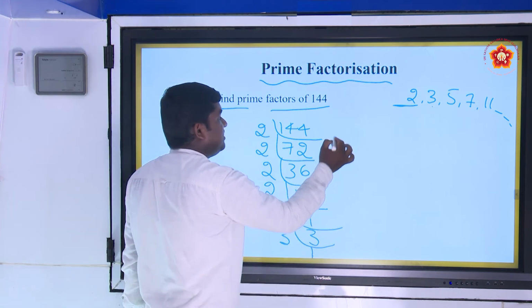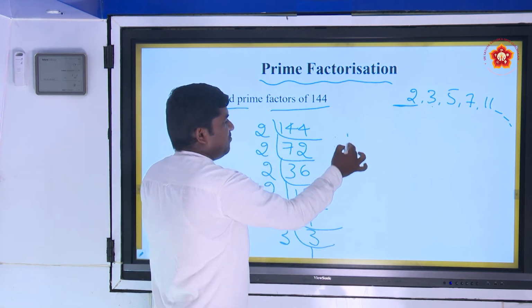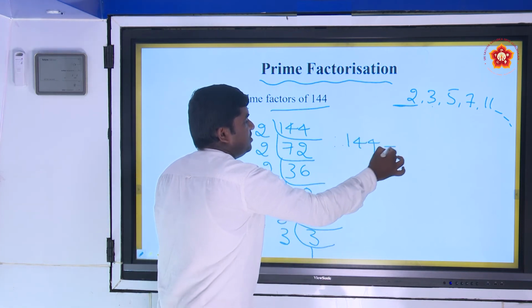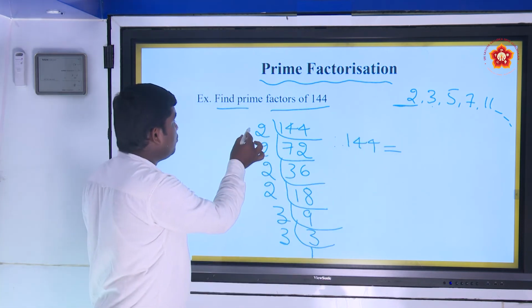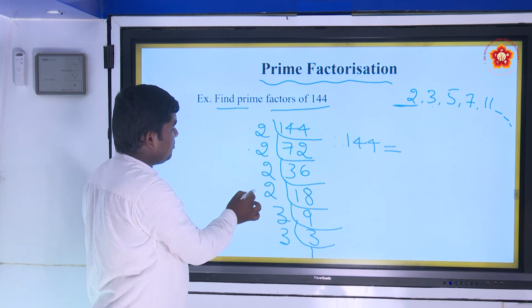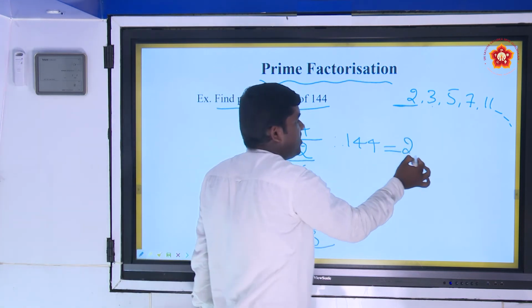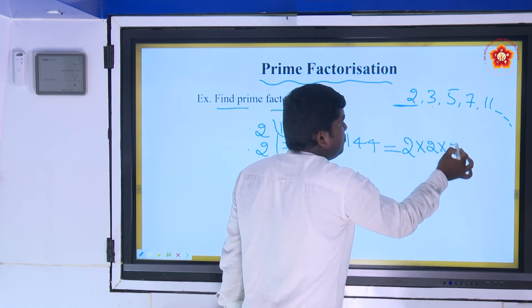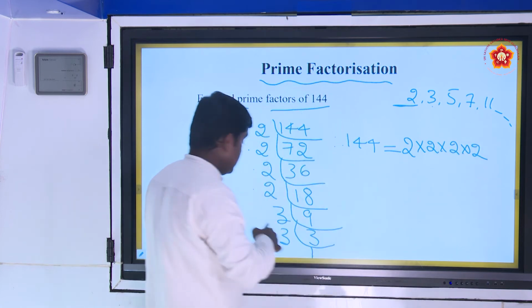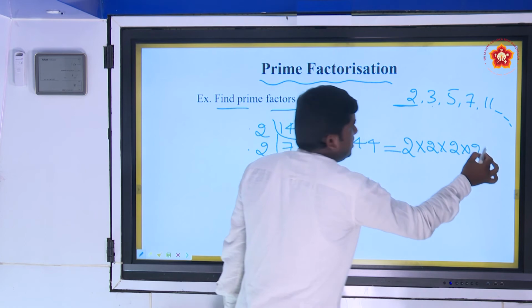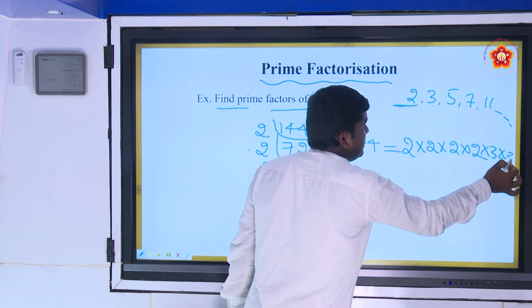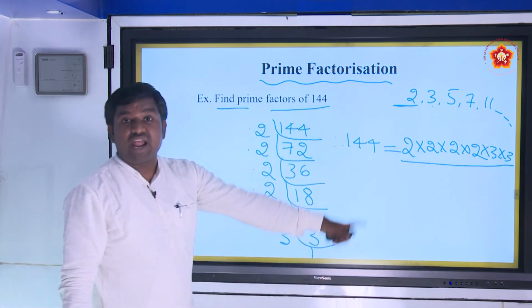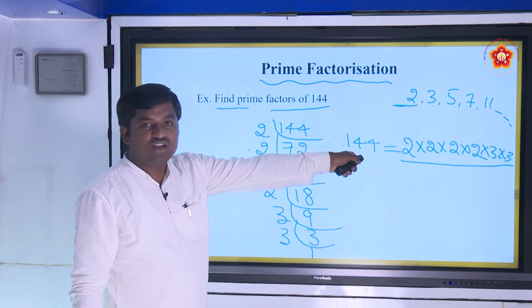Therefore, the prime factors of 144 are 2 into 2 into 2 into 2, 4 times 2, next 3 into 3. These are all prime factors of 144.